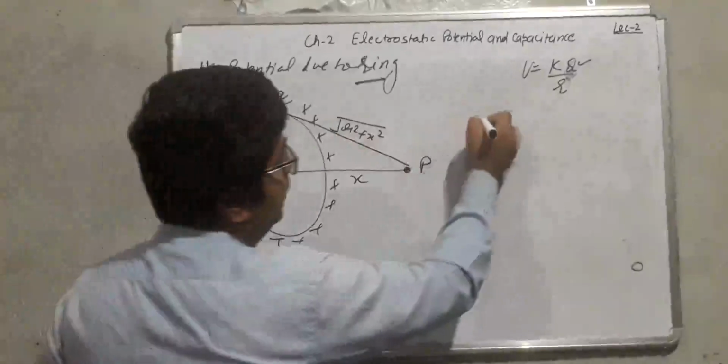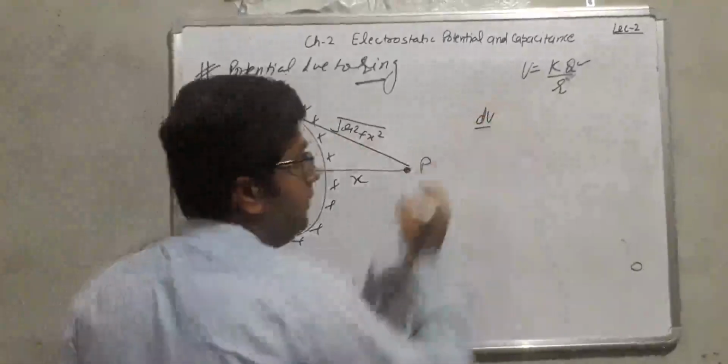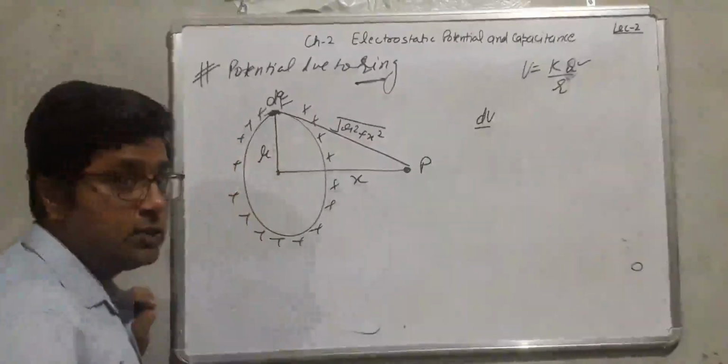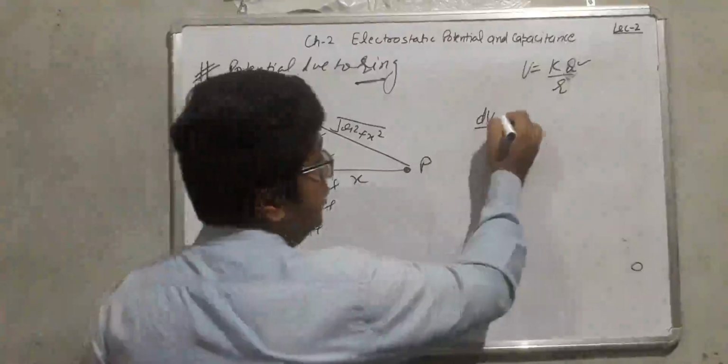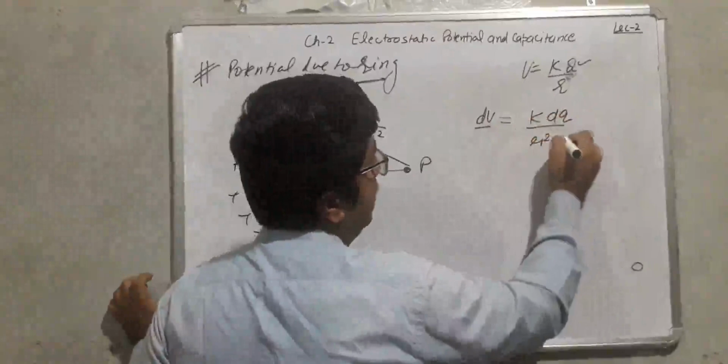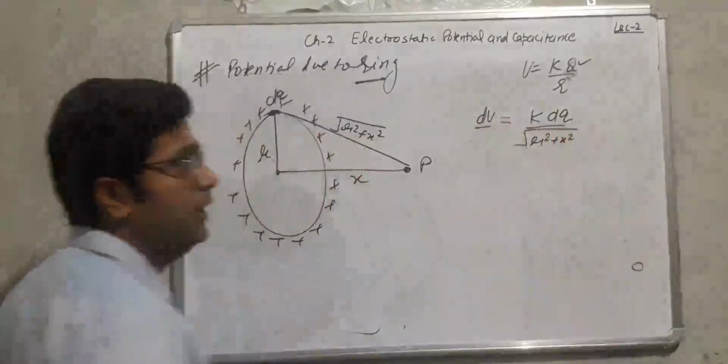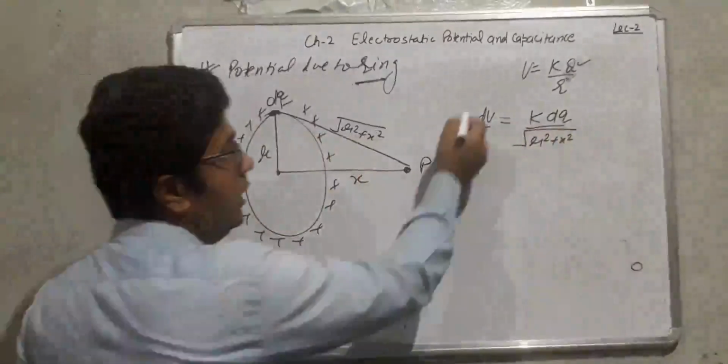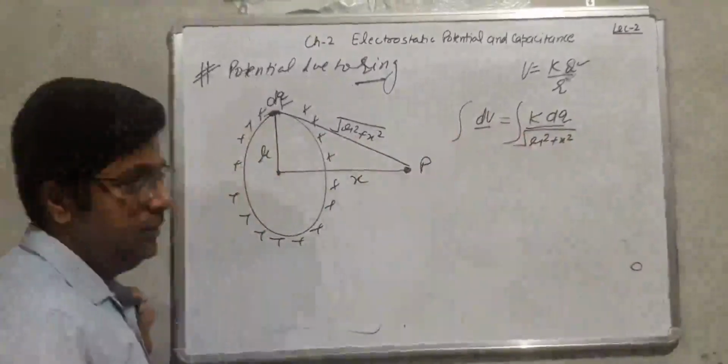Okay. Now what is the potential? It's dV, because we are taking a small charge, so the potential will be small. It is equal to k dq by root of r square plus x square. This is our potential. Now we have to integrate it.